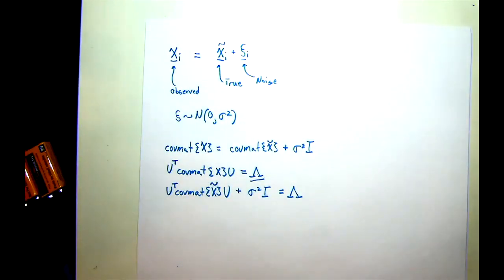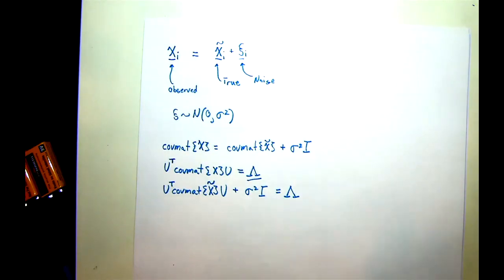Right there's a tilde. Again, we have independence, so the covariance matrix can be split in two. There would be a U transpose U around sigma squared I. However, we know that U is orthonormal, so we can use the inverse just to get rid of them.